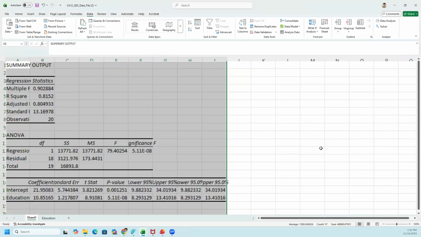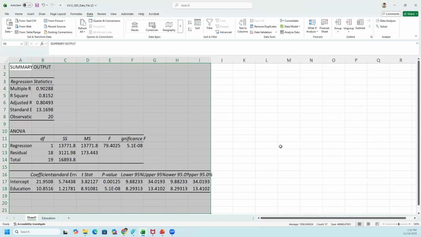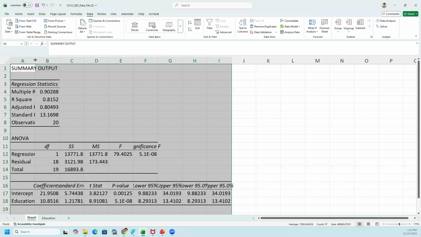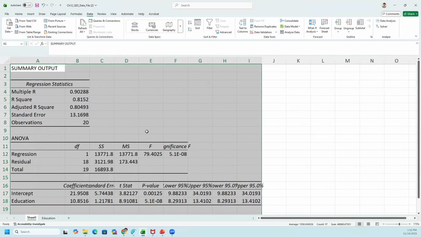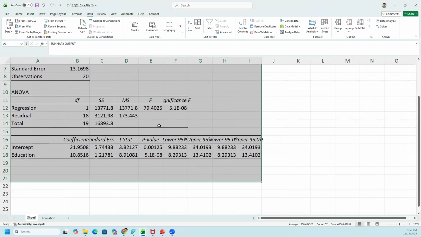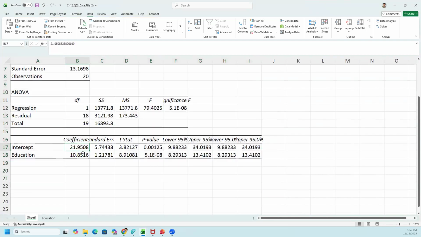Once you hit OK, it will provide you the results in terms of your regression equation. So your intercept is 21.905, and your coefficient for education is 10.85.